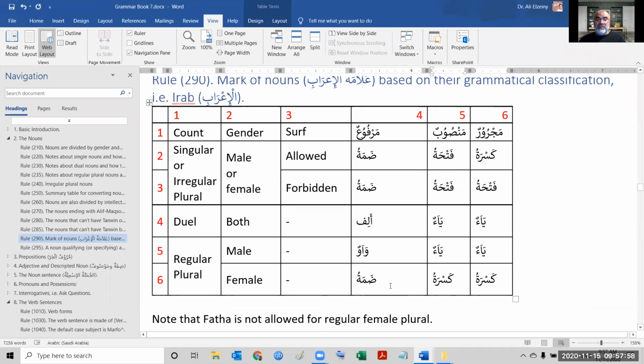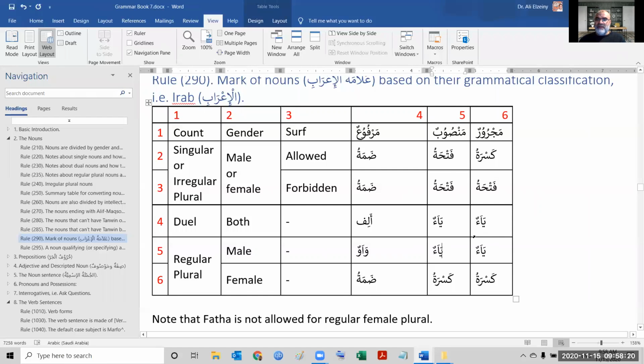So we're talking about either واو or ياء. مرفوع is واو. منصوب is ياء. مجرور is also ياء. Okay. So the possibility is واو or ياء. But we said that the second noun is always مجرور.